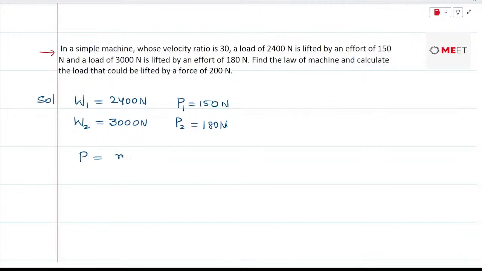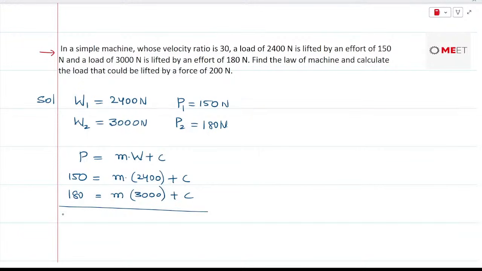So P is equal to M times W plus C. Here in the first case it is 150 equal to M into 2400 plus C. Next, in the second case effort is 180 equal to M into 3000 plus C. Now if we take the differences, this is minus 30, this is minus 600 M. So M is equal to 30 by 600, which is 1 by 20.